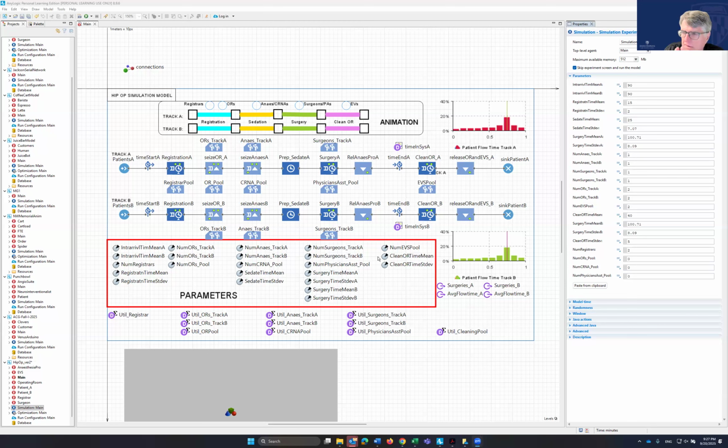Currently, the patient stream entering both tracks is identical. But my question is, what if I were to favor the lower BMI categories in track A and push the higher BMI categories to track B?